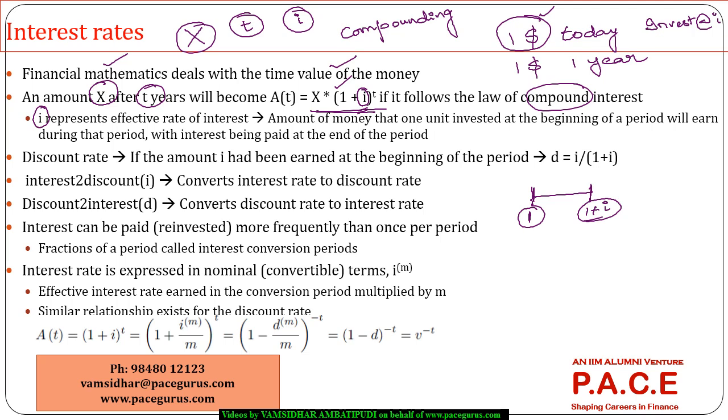That excess that I am getting during the period is what is typically called as effective rate of interest. Right? 1 becoming 1 plus i at the end of the period is what is my effective rate of interest. So the interest here is i.